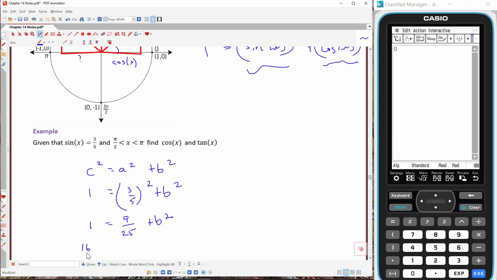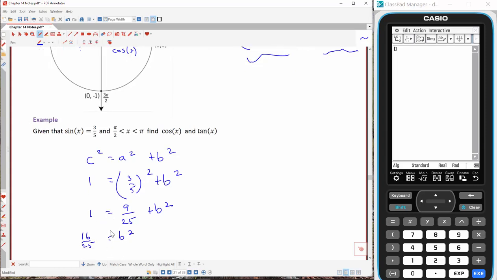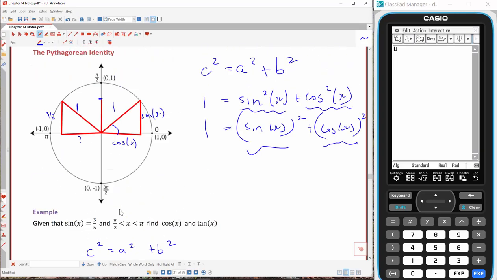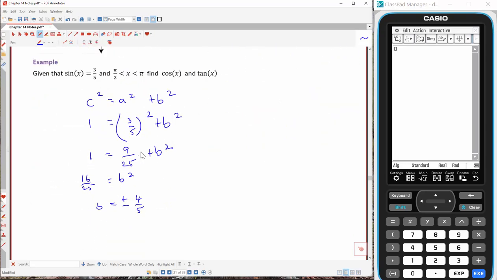Let's subtract, which is 16 over 25 equals b squared. And we're going to note that b equals plus or minus 4 on 5. Okay, so that's this measurement here, 4 on 5. Right, so therefore cosine x is equal to plus or minus 4 on 5.